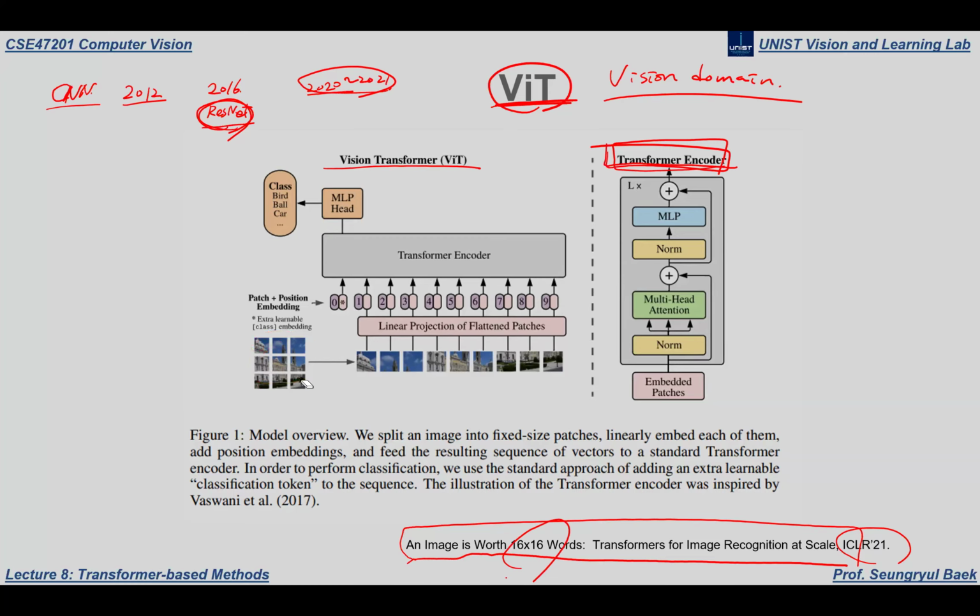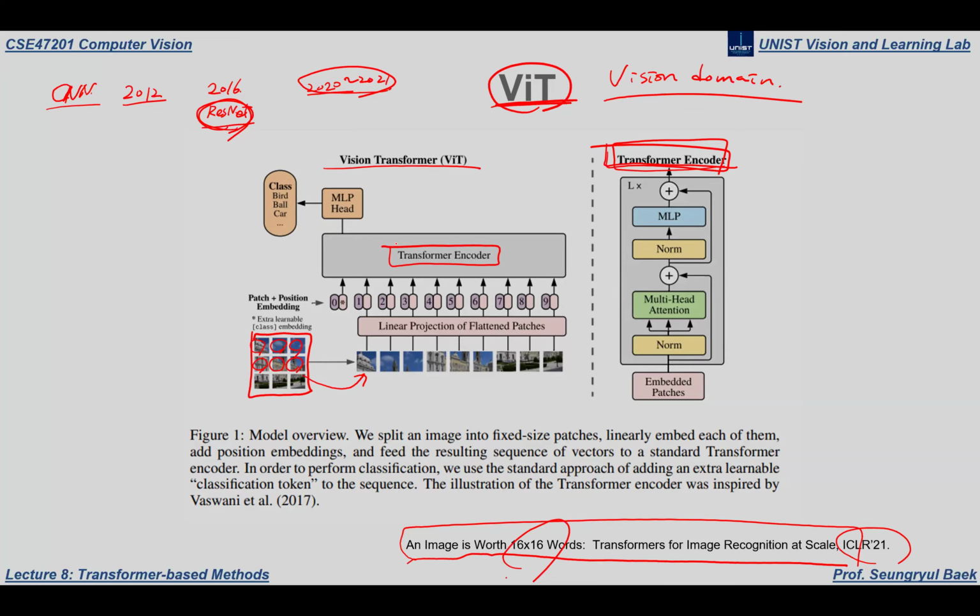Okay. So they are dividing all images into 16 by 16 patches, and then they are inputting these as the input tokens to the transformer encoder. Okay, that is the main idea of the Vision Transformer. It is quite simple.